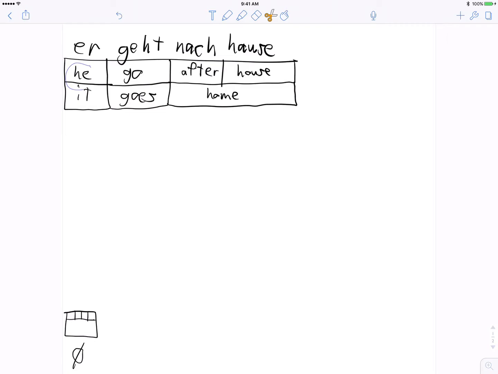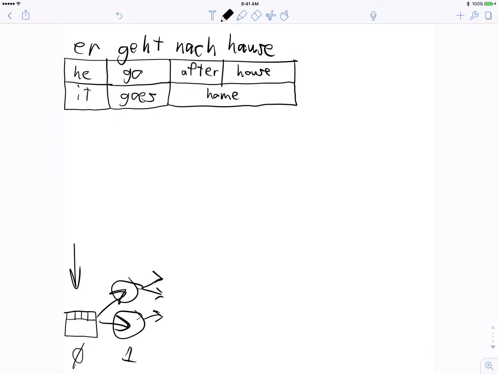Well, we could translate er as he, or alternatively, we could translate it as it. Let's do both. So the stack decoding algorithm says start with the current stack that you're on and extend it every possible way that you can. Once you've done that, move on to the next stack. Extend every item in that stack every possible way that it can be extended.